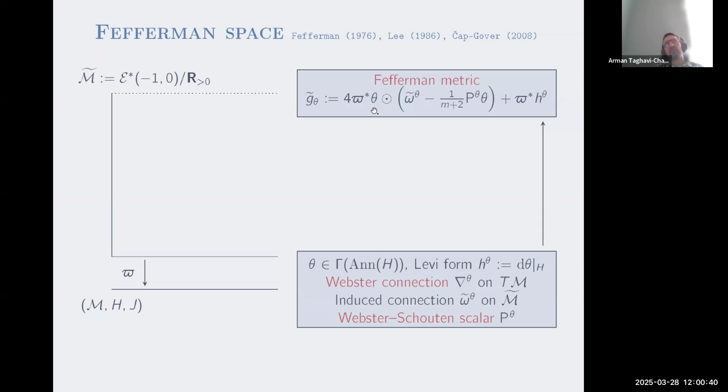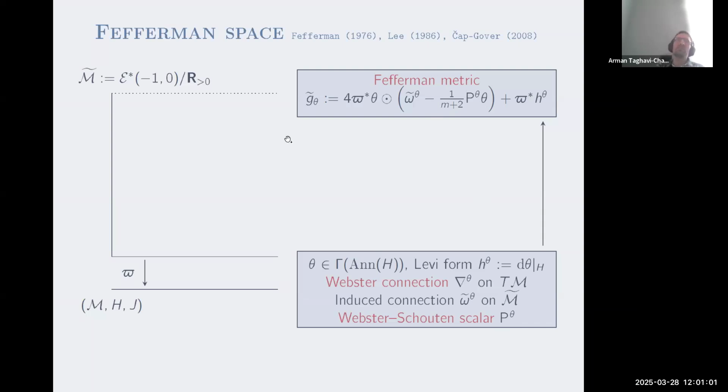I take all these ingredients and I can rearrange them in the following form. I pull back my theta, I pull back my H, and I pull back this induced connection, and I add to it a multiple of the contact form by means of this Webster-Schouten scalar. And this gives rise to a metric, which I call the Fefferman metric, which is of Lorentzian signature.